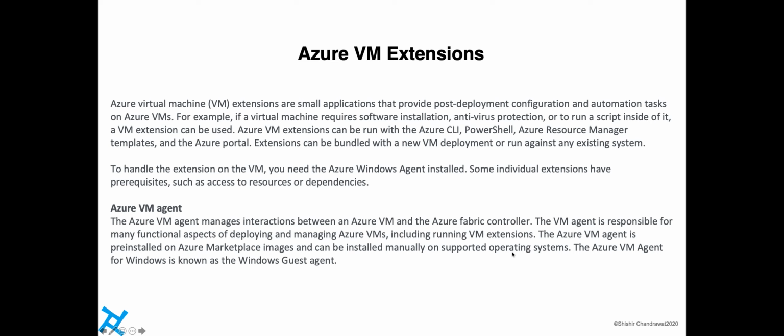The Azure VM agent for Windows is known as the Windows Guest Agent. It is pre-installed in the images available from Azure, but if you bring in your custom image, you have an option to put the Windows Guest Agent or the Azure VM agent on the server, so that functionalities like VM extensions can be supported.